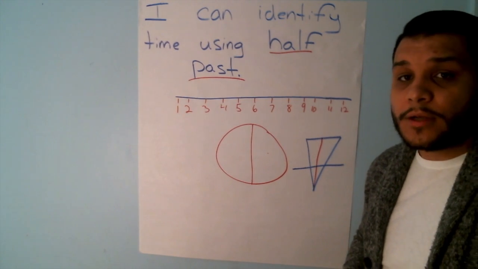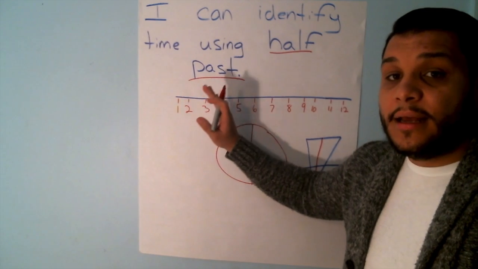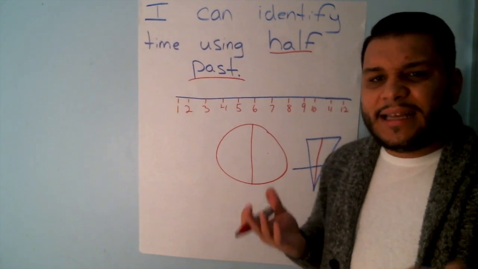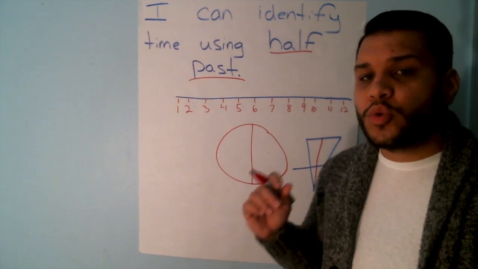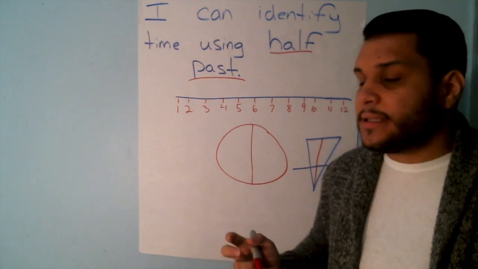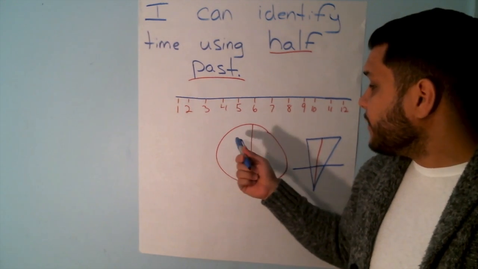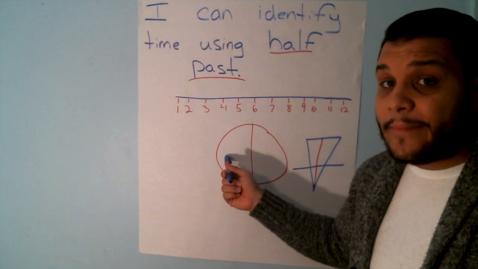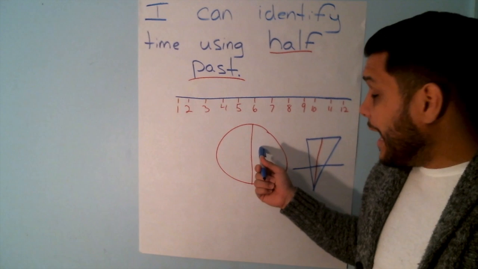So that means that I'm going to have the same number on one side and that exact number on the other. Well, what is half of 12? I can split 12 into two even groups. So what I'm going to do to figure that out is use my circle and put counters. If I put a counter over here, then I also need to put a counter over on this side.